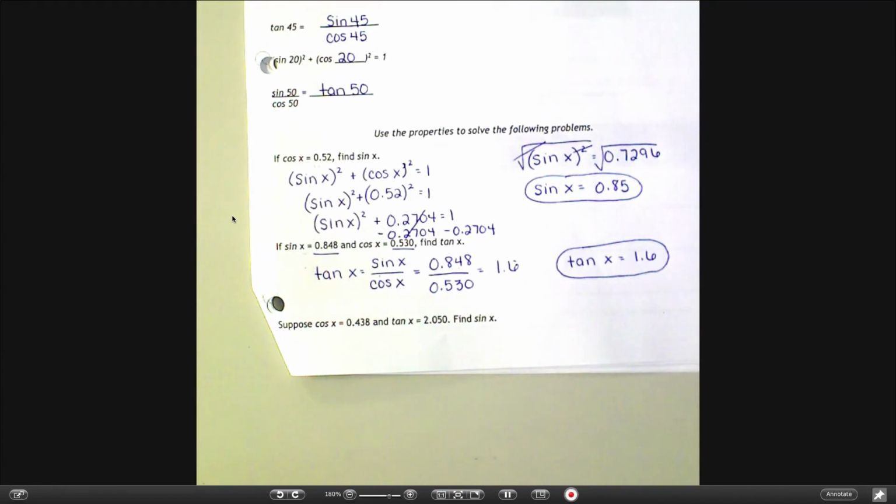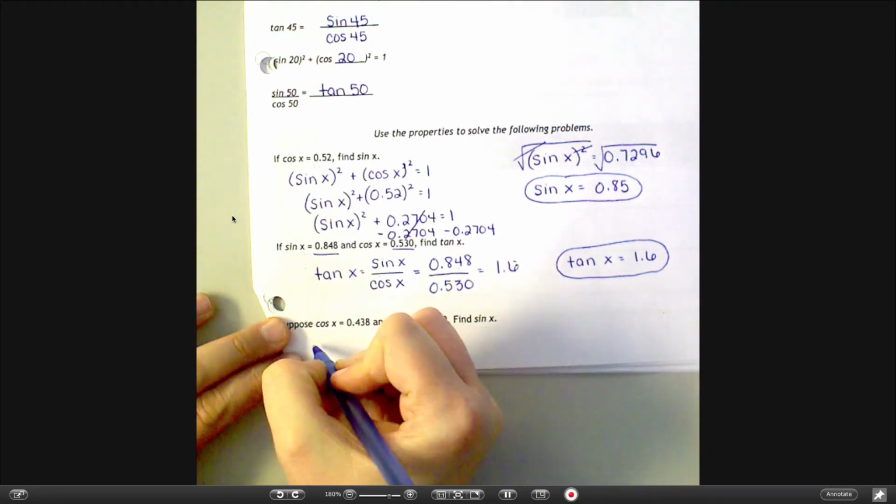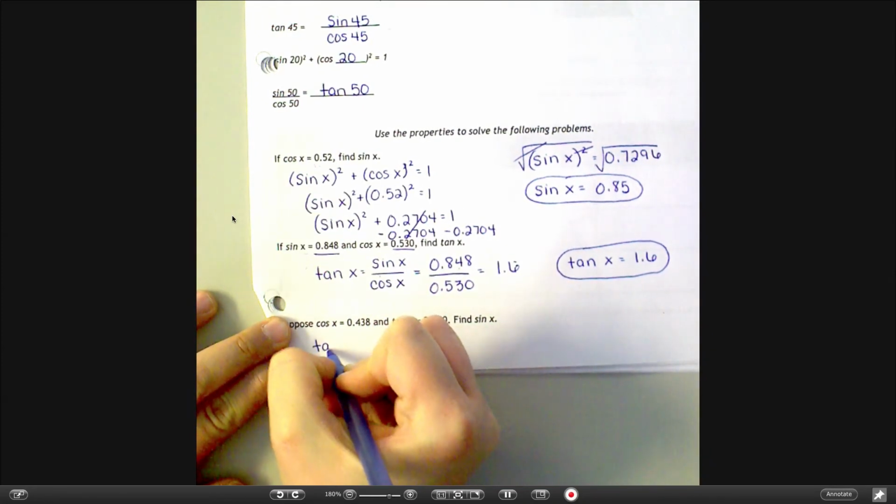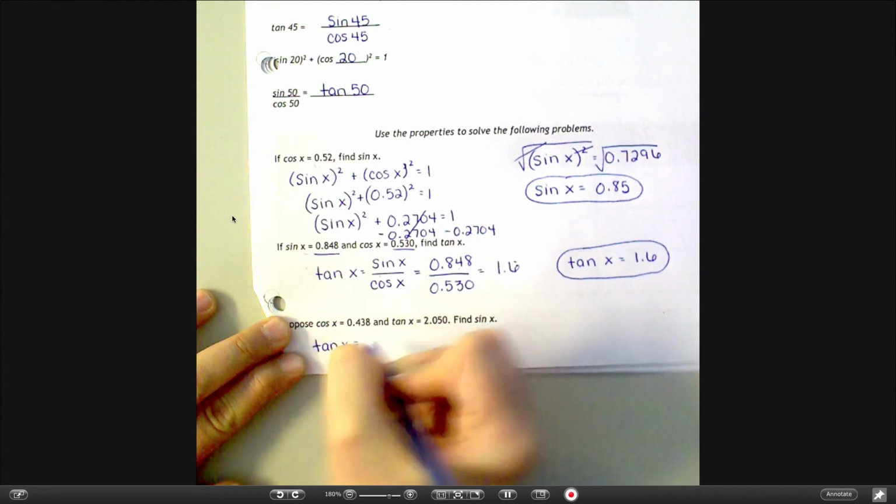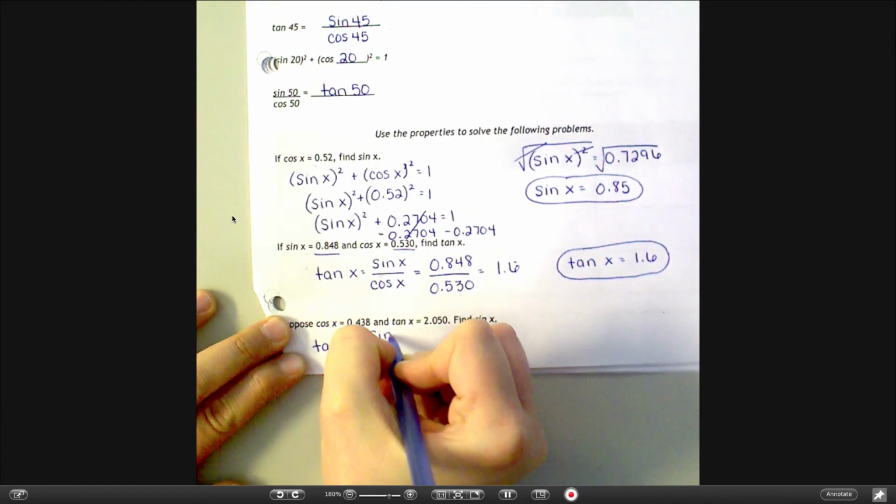And then look at this last one. It says, suppose cosine of x is blah, blah, blah, and tan of x is blah, blah, blah. Find sine of x. Oh, that's the tangent property. Still the tangent property, yeah, because I'm still looking for one that uses cosine, tangent, and sine. So I'm still using this tan of x equals sine of x over cosine x.